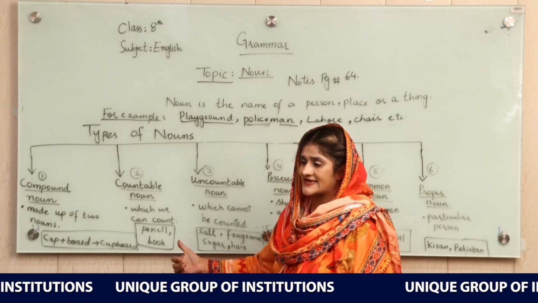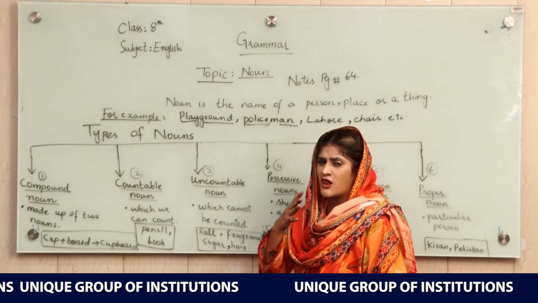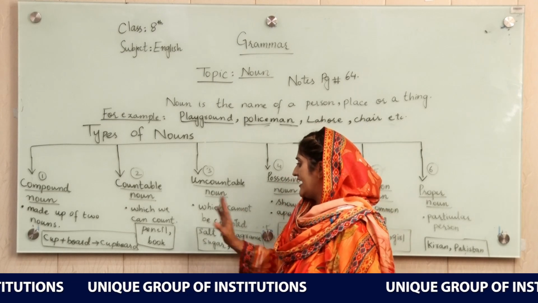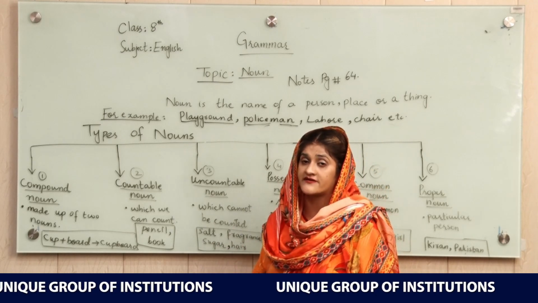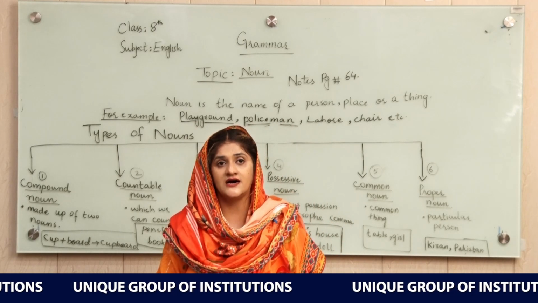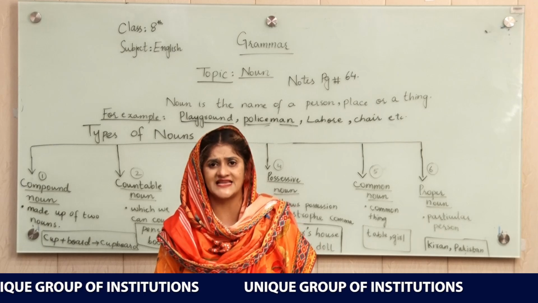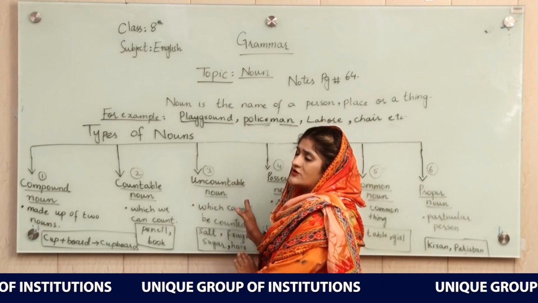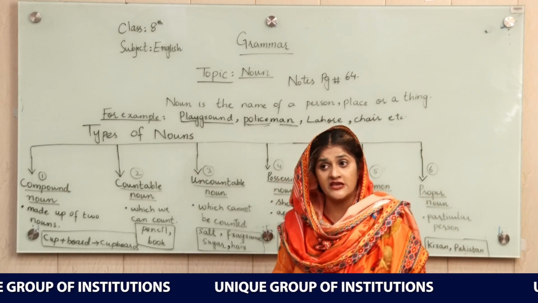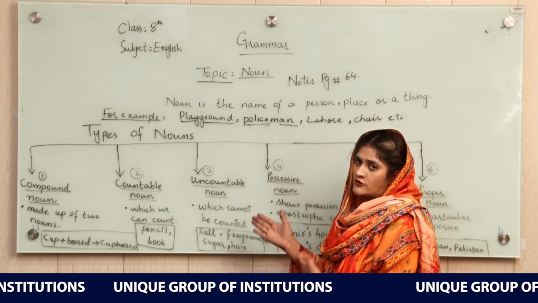So it is called uncountable noun. There are a lot of examples. You can also participate with me. I have written here salt, fragrance, sugar. There are also so many examples: sand, honey. So uncountable nouns are those nouns which we cannot count easily. In fact, there is no convention of counting them.